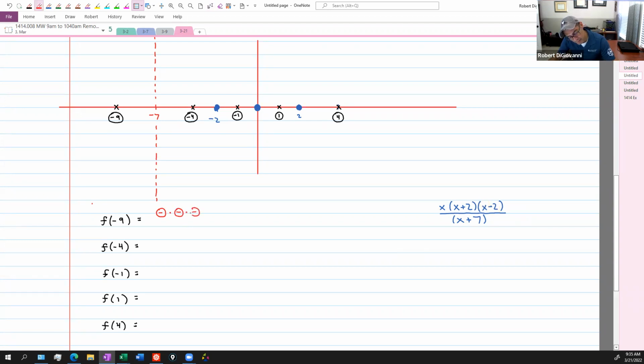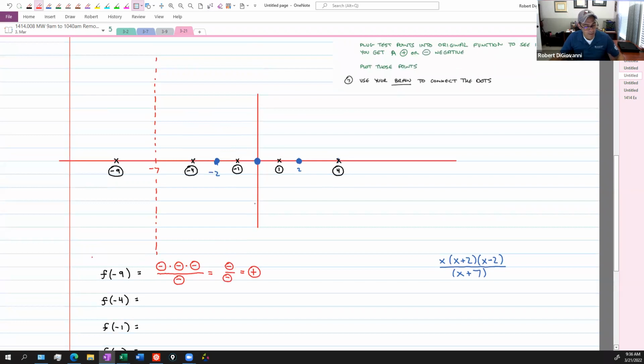That's still negative. And then that's all over -9 plus 7, which is also negative. So everything's negative there. On the top, a negative times a negative gives you a positive. But then you hit it with another negative and it's going to stay negative on top. The bottom is negative, and a negative over negative is positive. So I know at -9, I have a dot anywhere I want above the x-axis. So I'm going to put it right there.